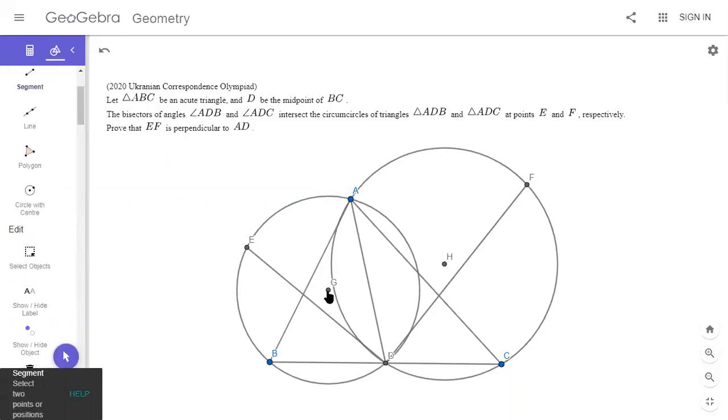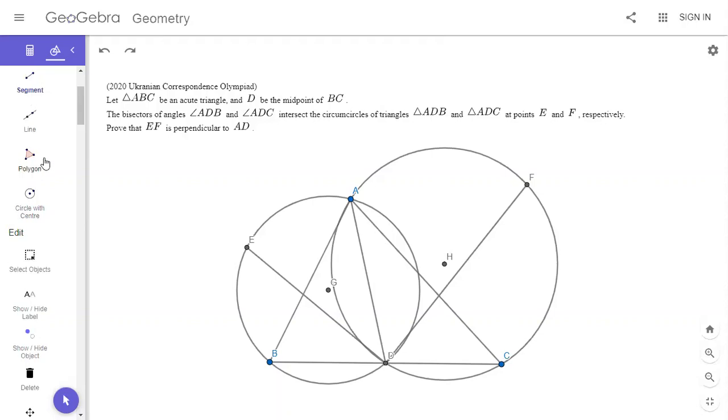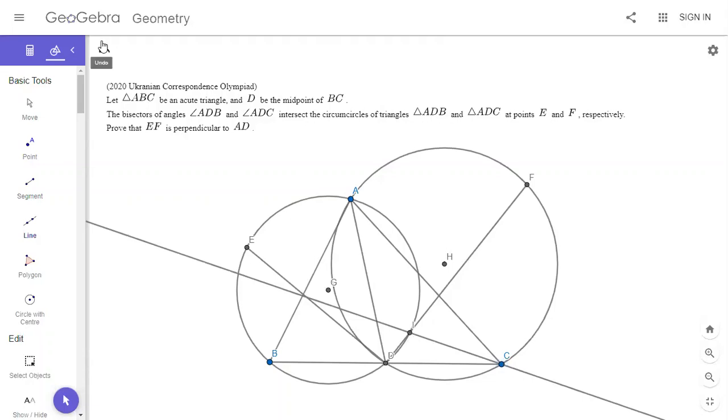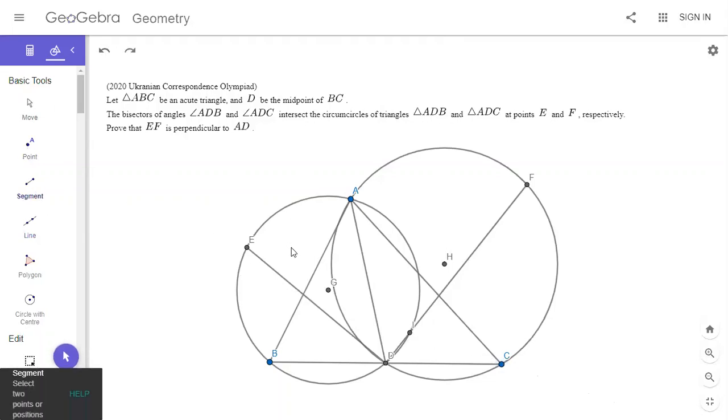And if X is the other concurrence point of the circumcircle of ABD with DF, are E, G, X collinear? They do look like they are collinear. Yeah, they are collinear. Similarly for the other side, because of the right angle.